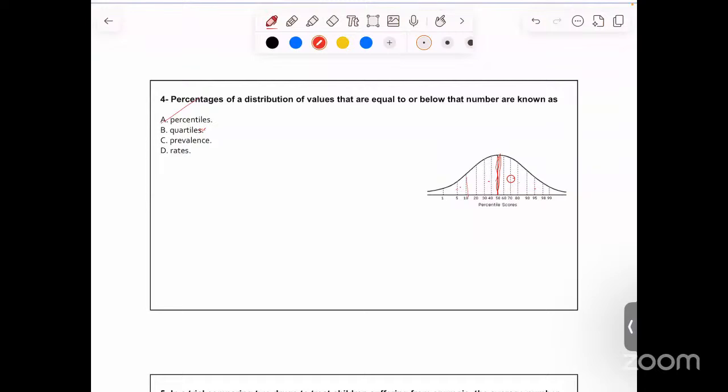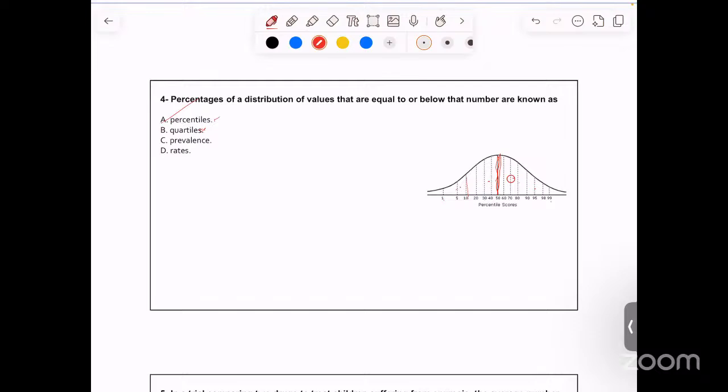In the question, it says percentage of distribution of values. Percentage means divided by 1%, 5%, 10%, up to 99%. So this is called percentile.